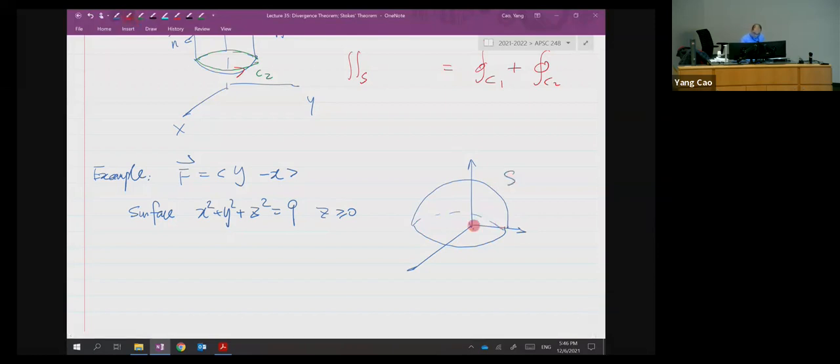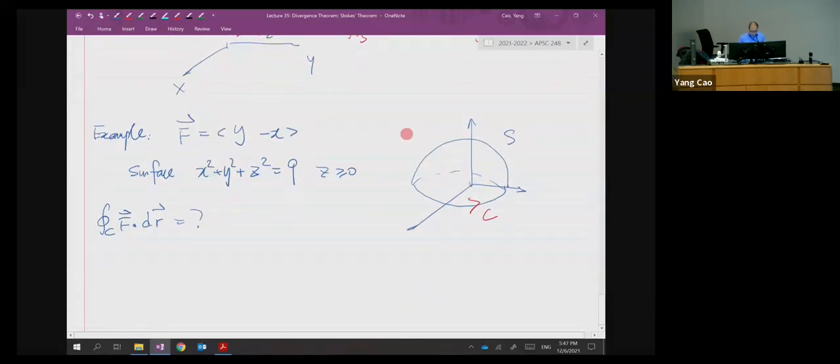And C is the boundary of the surface S, and this is C here. So then it's asking you, can you calculate the vector line integral over this curve C?